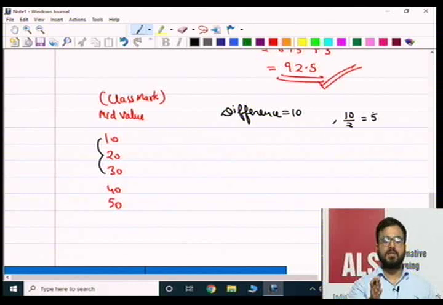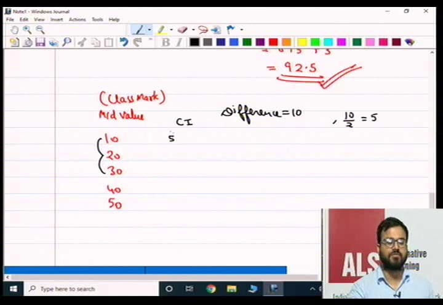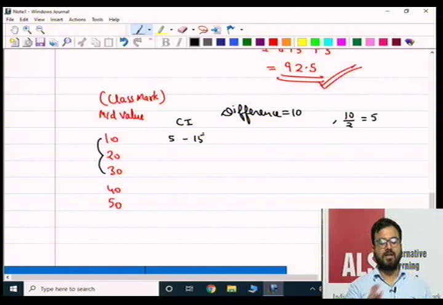So we will subtract and add this 5 to each class mark. To get the lower limit, subtract this 5 from the class mark, and to get the upper limit, add this 5 to the class mark. So when we subtract 5 from 10, that will become 5, and when we add 5 to 10, that will become 15.